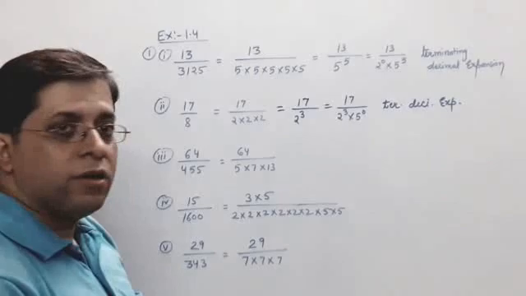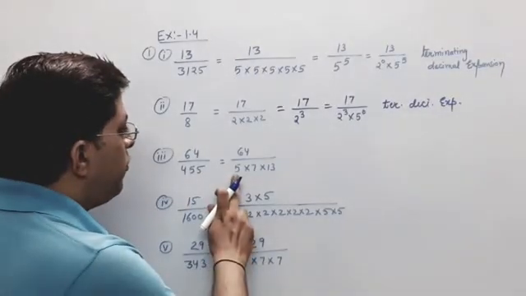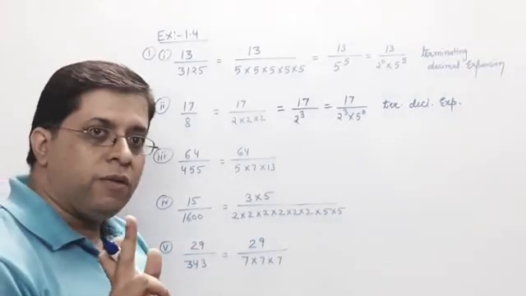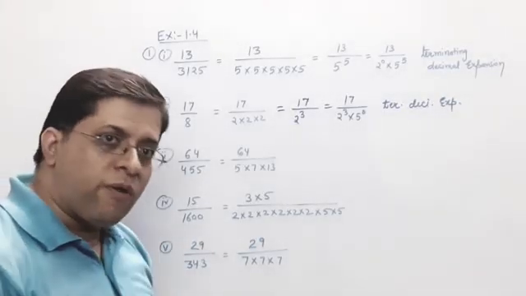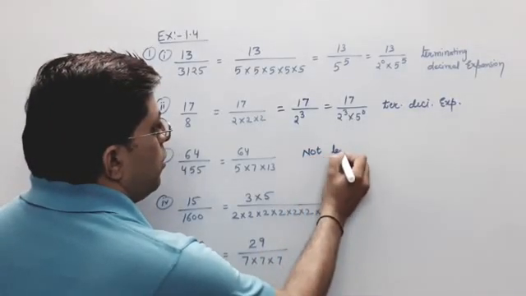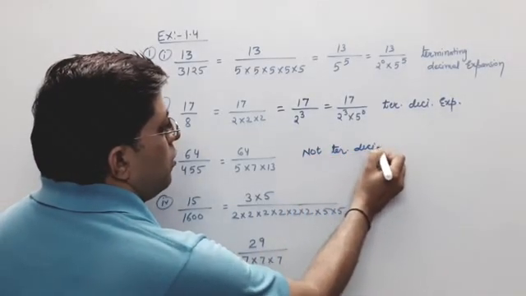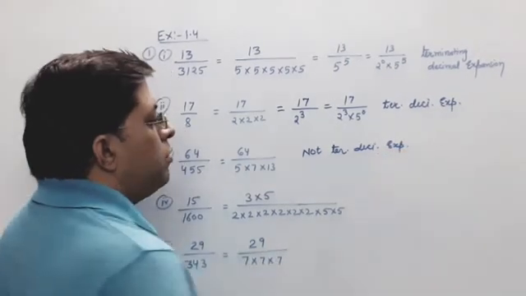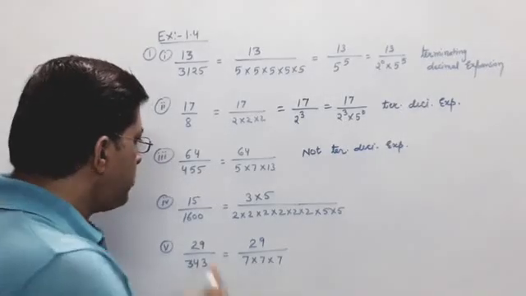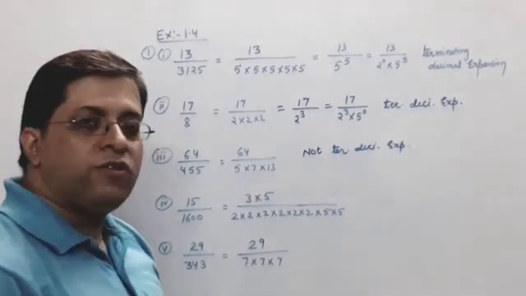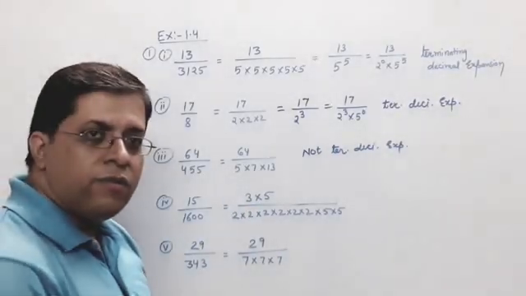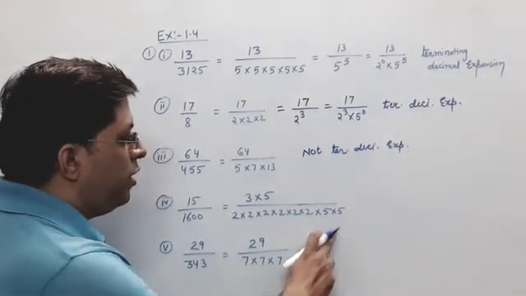If I take its prime factors, 5 into 7 into 13 will come. It is not in the 2 power m into 5 power n form. So it is not a terminating decimal expansion. Next, 15 upon 1600. 15 I can write as 3 into 5, and the prime factors of 1600 are these.